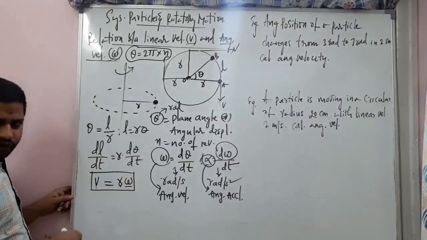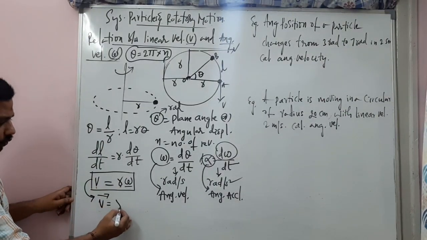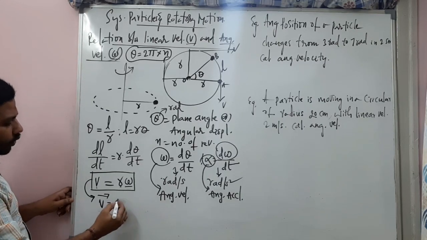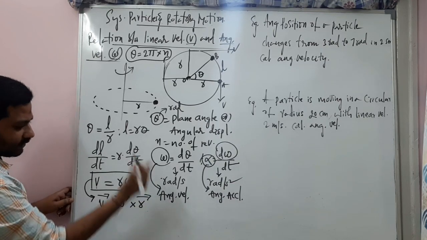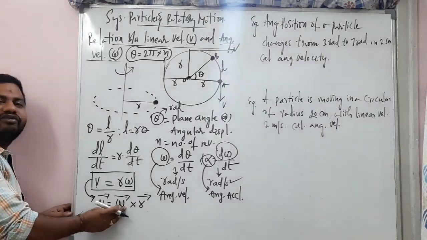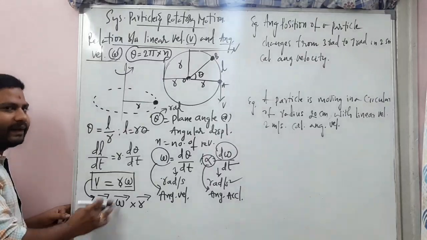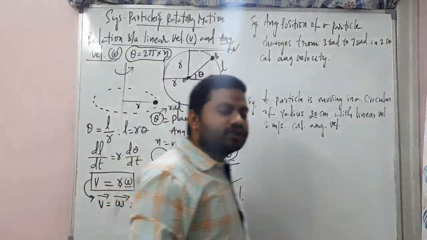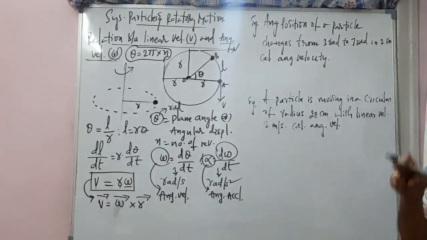So in the vector form, if I write the same expression, V bar is equal to omega bar cross R bar. Understand? It is a cross product. If you know omega in vector form and R bar in vector form, you can find V bar by using the cross product, as we discussed in the last classes, using the determinant method.